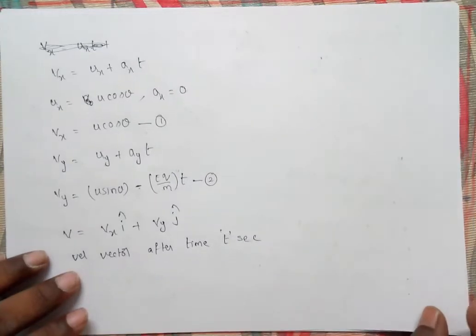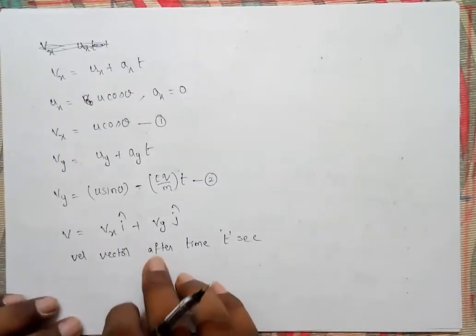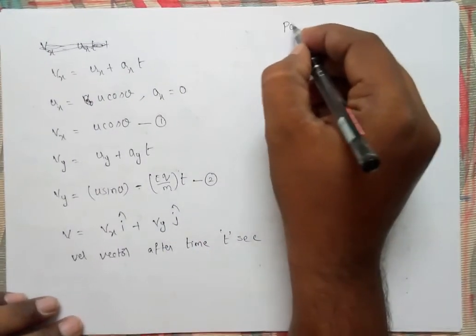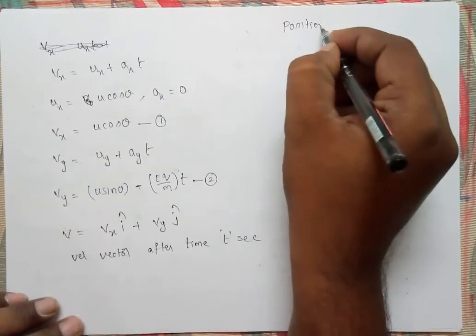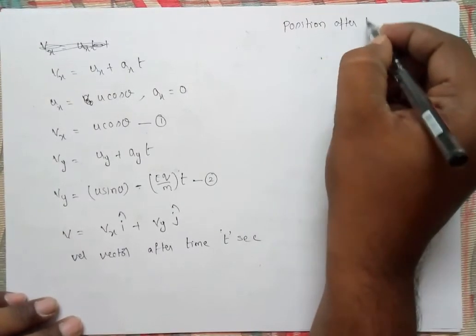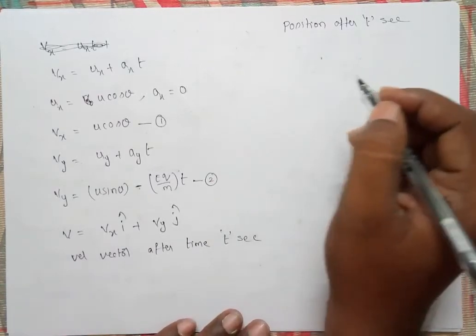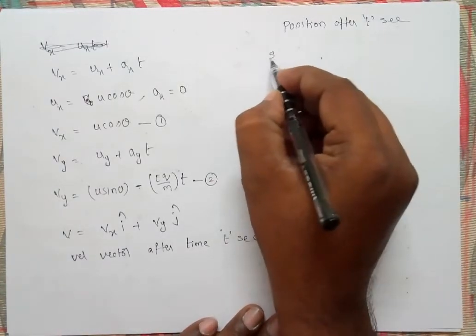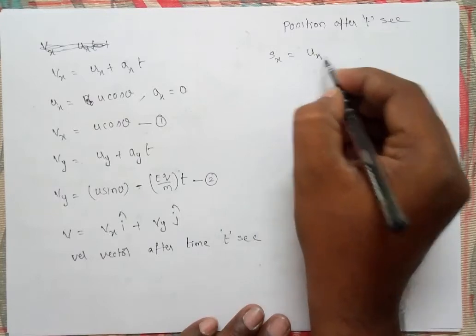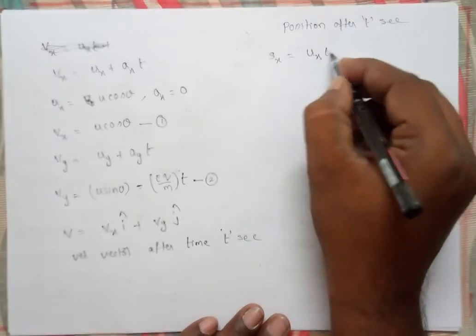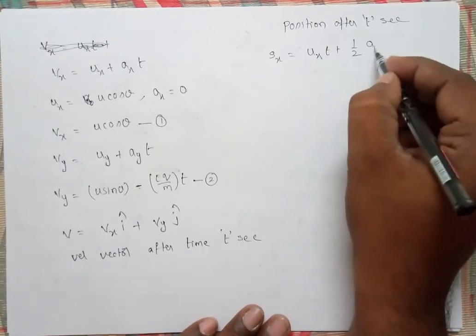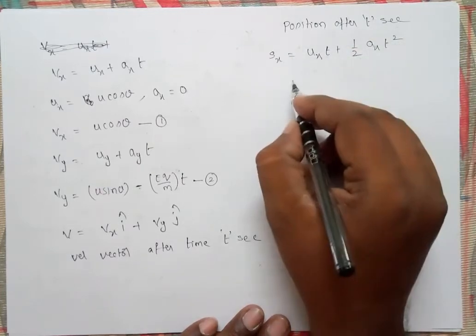So, position after t seconds. Same procedure we will follow, that is Sx equals ux t plus half ax t square.